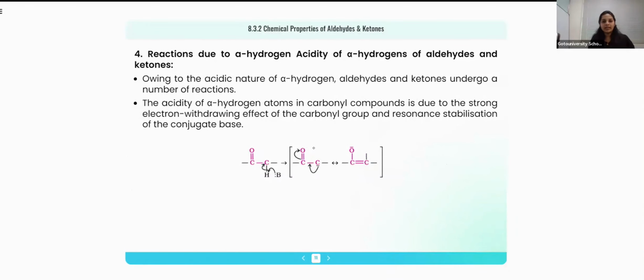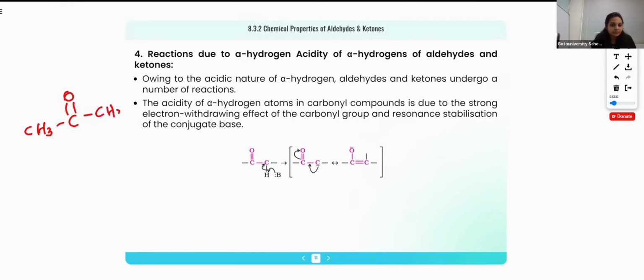Yes. Next one is reactions due to the acidity of alpha hydrogens of aldehydes and ketones. What do you mean by alpha hydrogen? Suppose you are taking a functional group in a compound, the hydrogen atom connected to the next carbon atom. See here I am writing CH3COCH3.